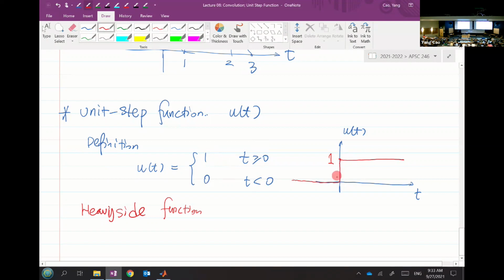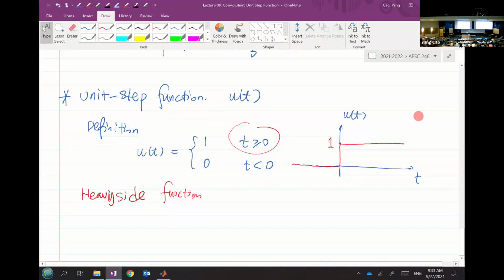It's more like thinking of a very smooth transition there instead of a sharp jump. It won't affect the computation though. With t greater than 0, or as I define it at t equal to 0, that's fine too. There are no mistakes in terms of any future calculation. It's just to give you a heads up. If you look at some other references, especially Wikipedia, you'll see that t equal to 0 is not really defined.